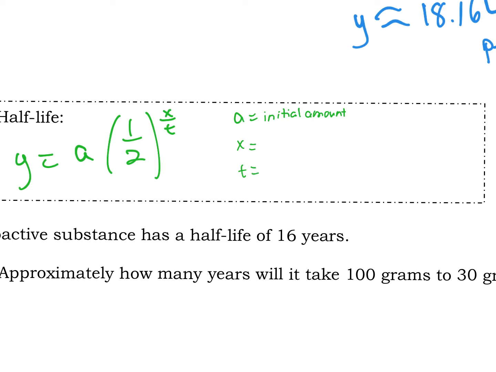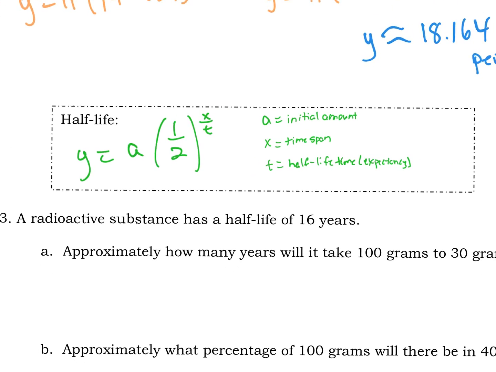X is the time span for which we are looking at a particular element or substance. And T is the half-life time, or expectancy.